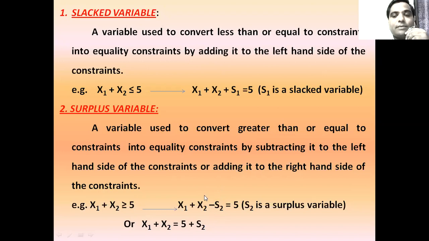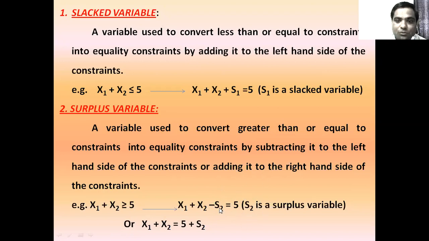A surplus variable is used to convert greater than or equal to constraints into equality constraints by subtracting it from the left hand side of the constraints. So x1 plus x2 minus s2 is equal to 5.